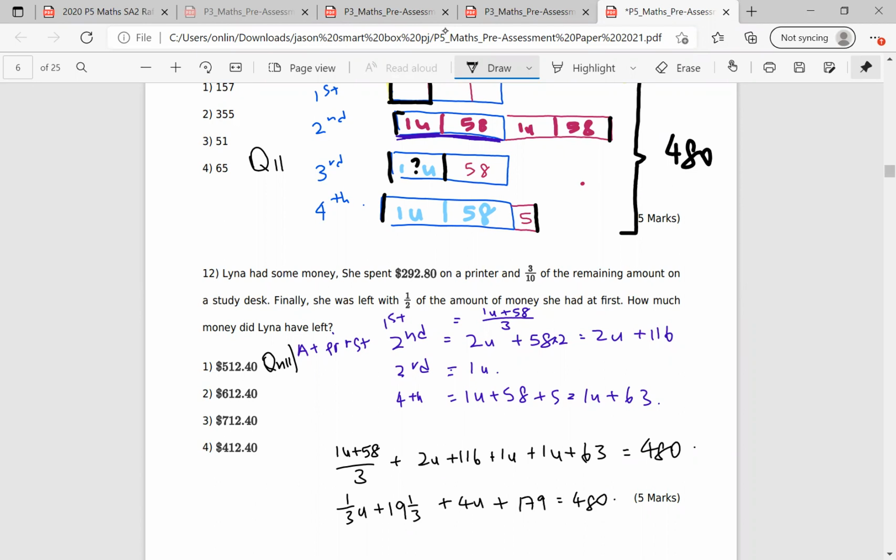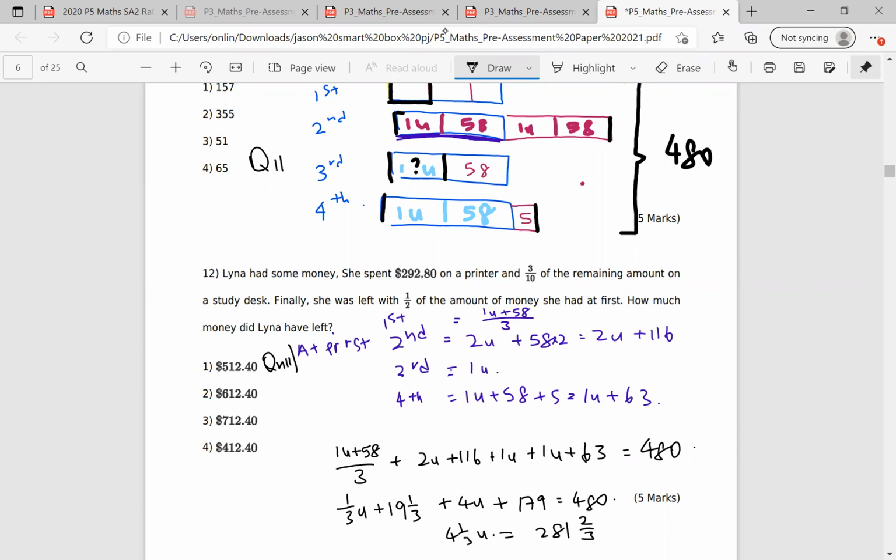So if we take 480 minus 179 and then minus 19.333, I think we have 281 and 2/3 here, equal to 4 1/3 units.